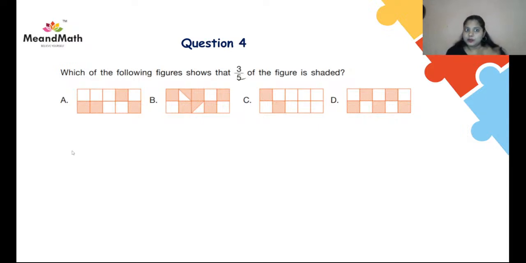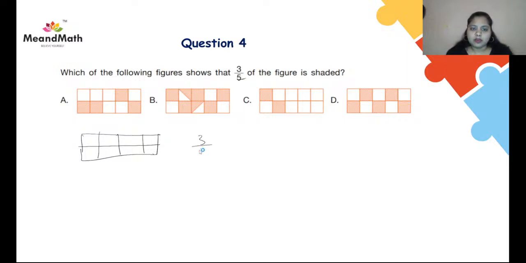Okay, before going on to this, let us quickly recap how we can solve this question. Now let us consider a chocolate bar. It has 8 pieces, right? Now, if I want to write 3 by 4, that is 3/4 of it, how shall I do it?